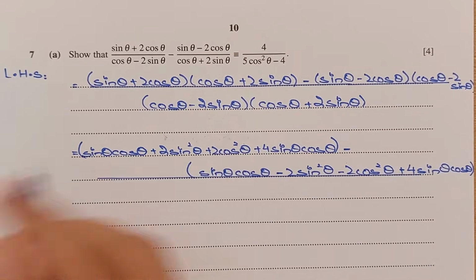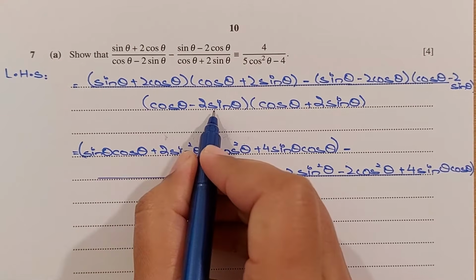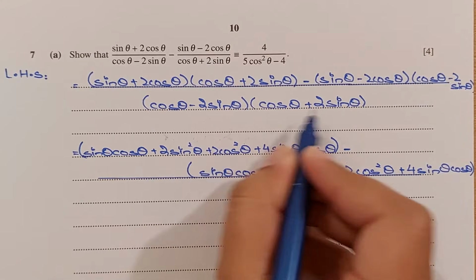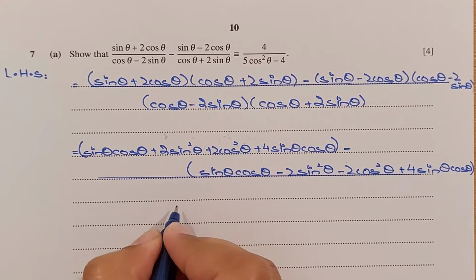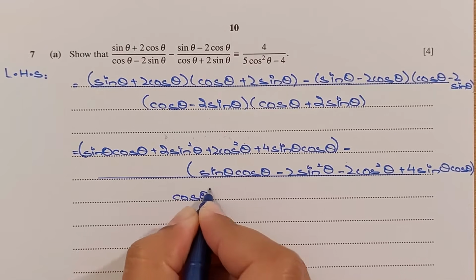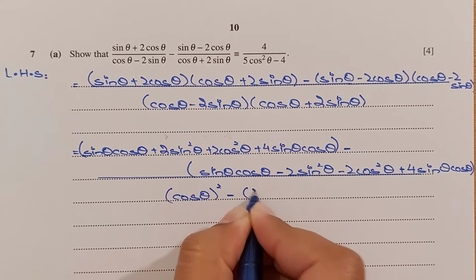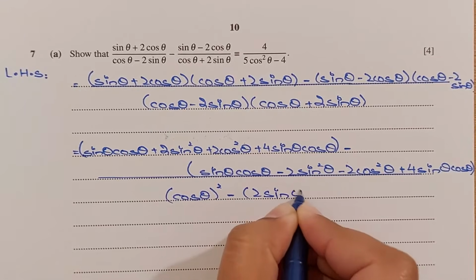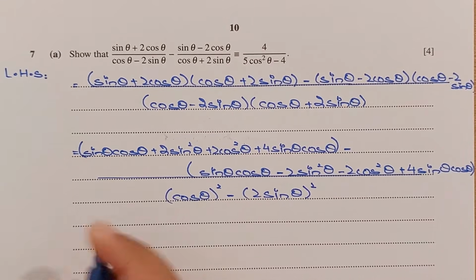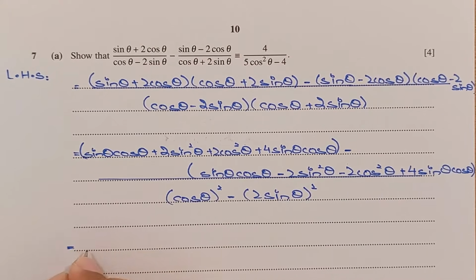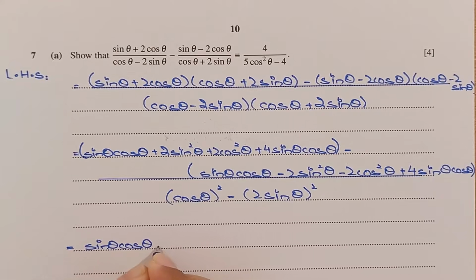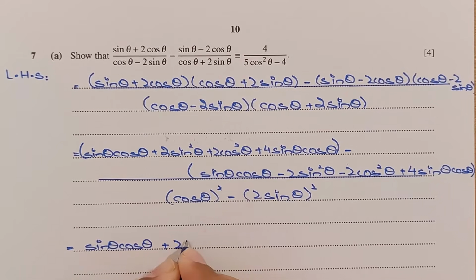okay, now you can see the denominator is cos theta minus 2 sin theta, cos theta plus 2 sin theta, so a plus b and a minus b, so a square minus b square, so cos theta whole square minus 2 sin theta whole square. Right, now let me open the negative. So here we have sin theta cos theta plus 2 is outside.